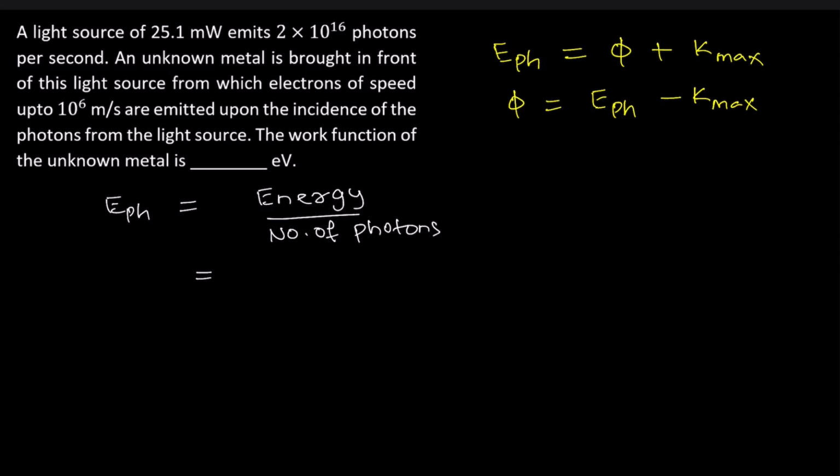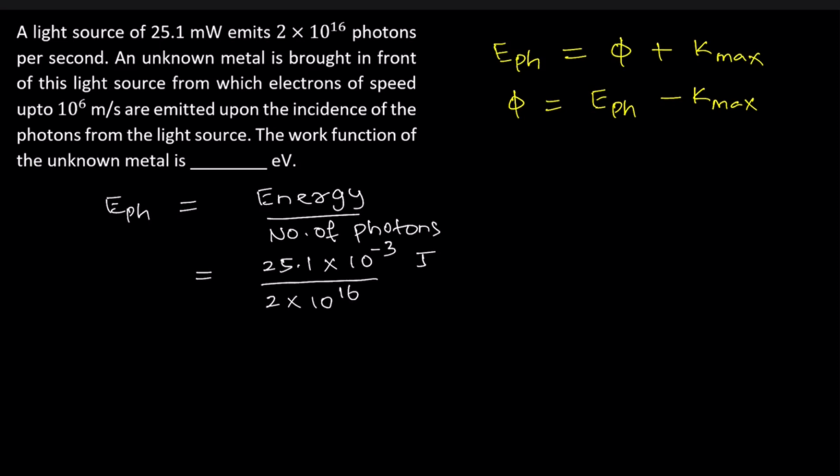Power is 25.1 milliwatt. So the energy will be 25.1 millijoules. So this will be 10 to the power minus 3 joules divided by number of photons, which is 2 into 10 to the power 16.